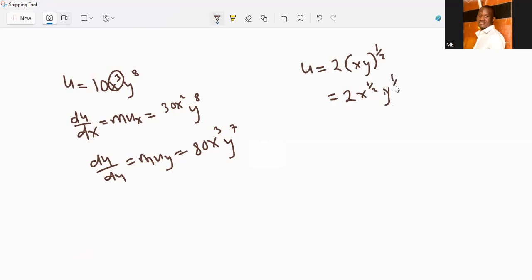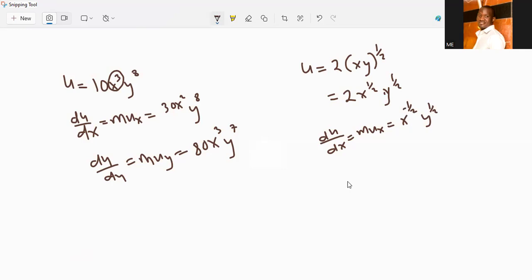So when you're differentiating du dx, we're going to have MUX. So our dummy here would be y^half. We're going to remain with 2x^half. When this half multiplies with that, it is a 1. Then subtract half, 1 minus half, we get negative half.